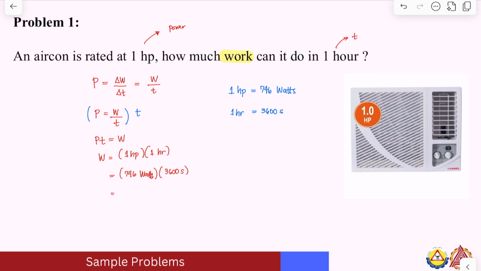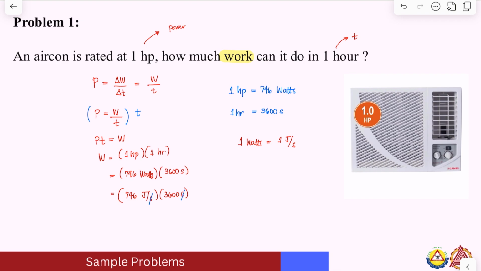And remember, 1 watt is just 1 joule per second. So the watt part will be joules per second. You multiply it by 3,600 seconds, and in doing that, the seconds will cancel out.